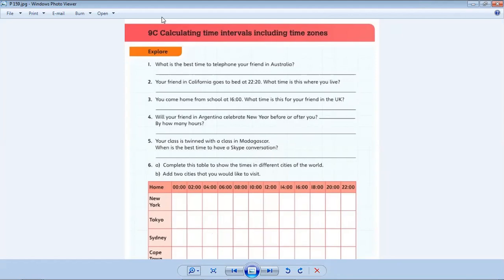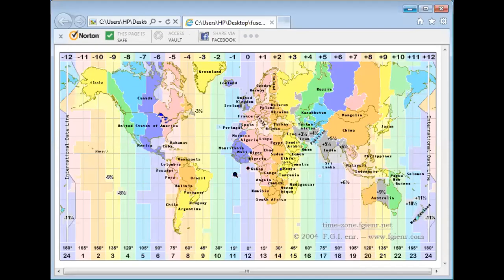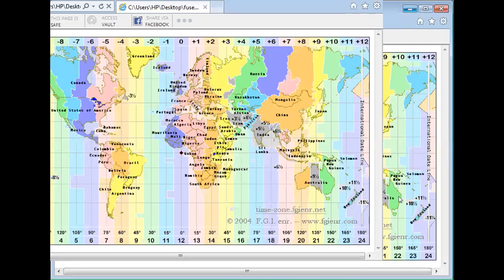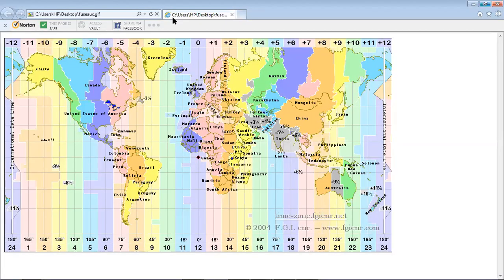Okay, I'm going to share it here again. Can you see? Yes. Okay, this is the international time zones on the world.